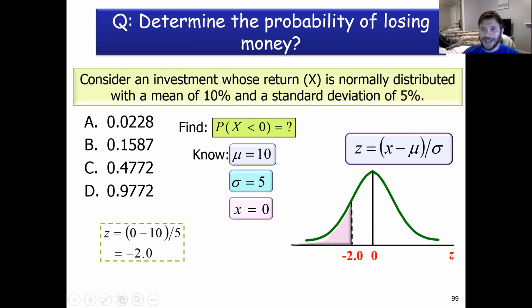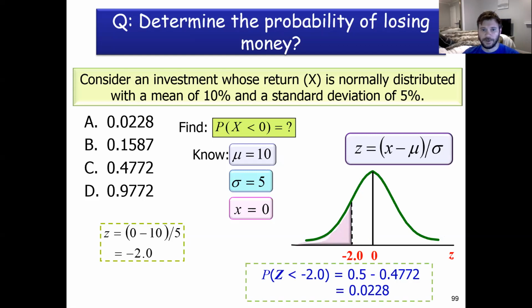And we're going to subtract that from 0.5, which is the entire area to the left half of 0. On the left side is 0 underneath that distribution picture. So the table value associated with a z-score of 2 should be 0.4772. And we do our subtraction, we wind up getting an answer of about 2.28% here as the area in that lower tail. So this was, again, a lower tail problem.